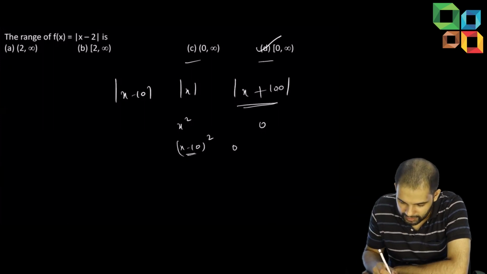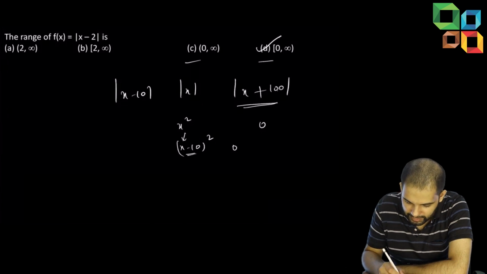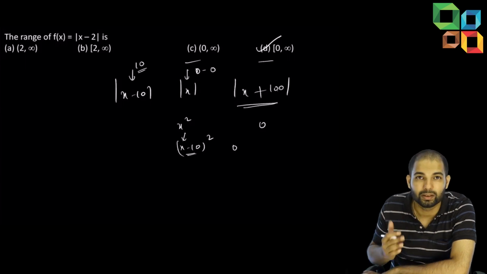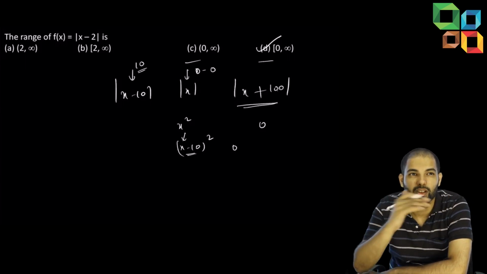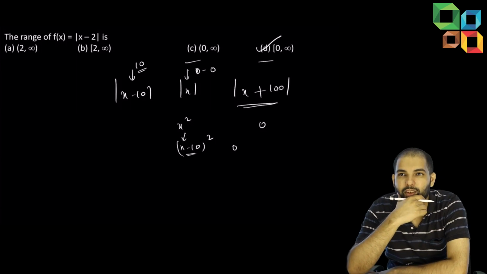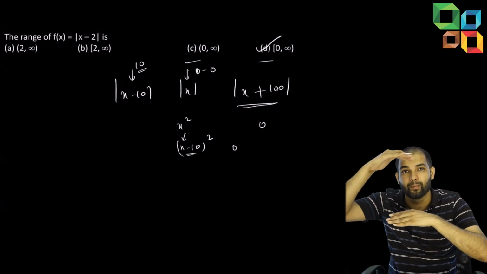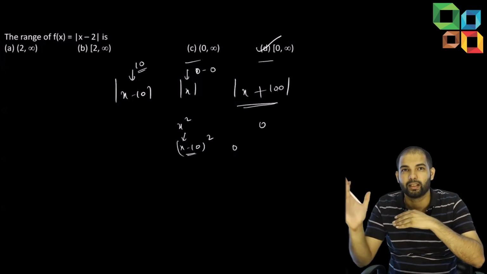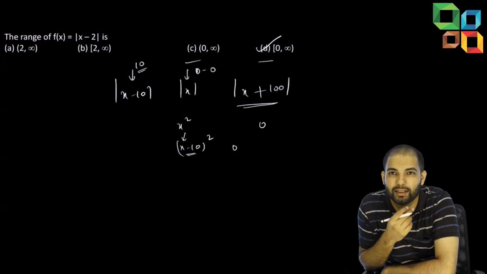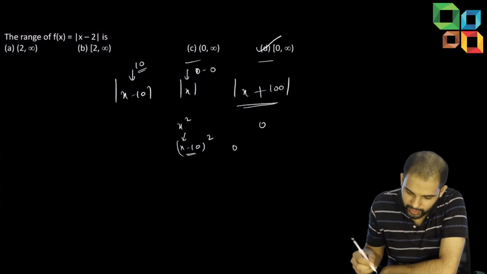The only difference is initially this is 0 when x is 0, but this is 0 when x is 10. You have shifted the graph to the left or right. You have seen the graphs also. So y is the same, right? But the graph is shifting from left to right. That's all. Okay. So the answer is D.